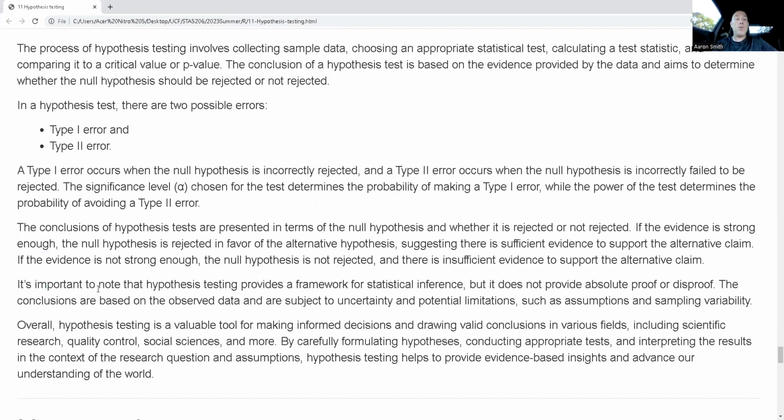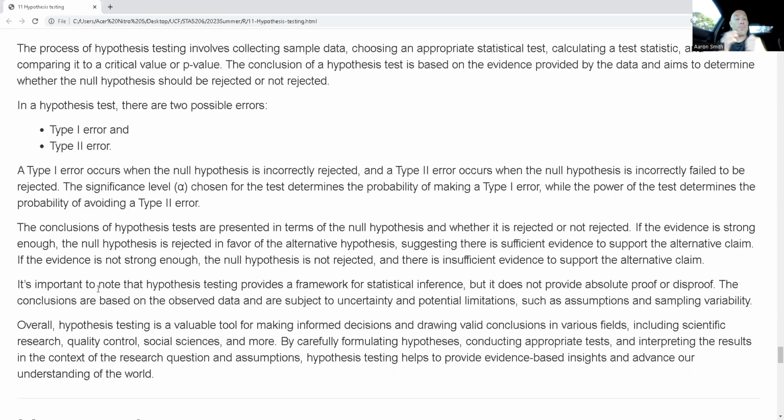It is important to note that hypothesis testing provides a framework for statistical inference, but it does not provide absolute proof or disproof. The conclusions are based on the observed data and are subject to uncertainty and potential limitations, such as assumptions and sampling variability.